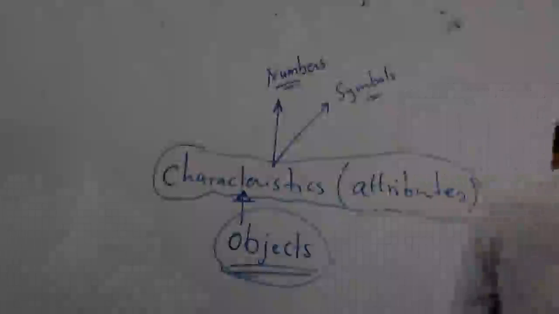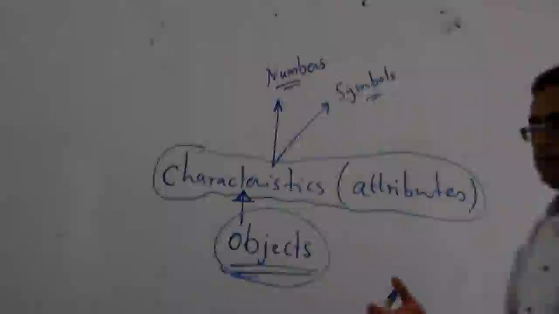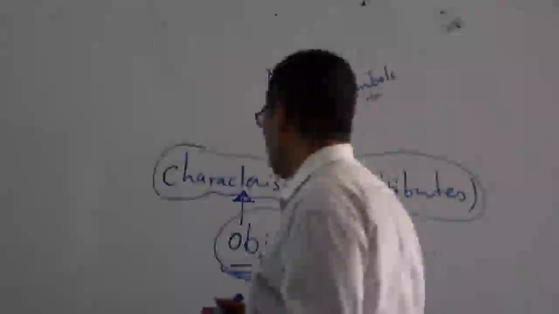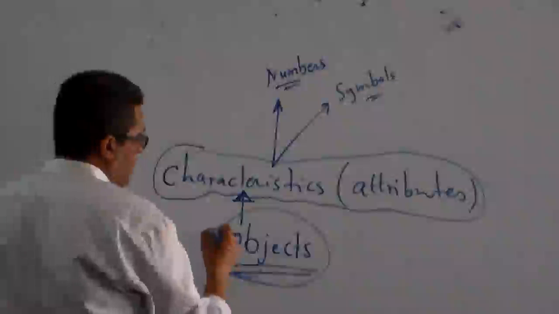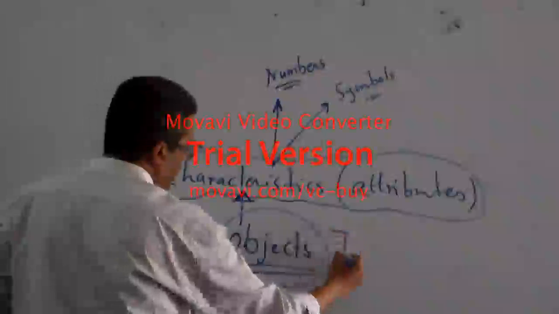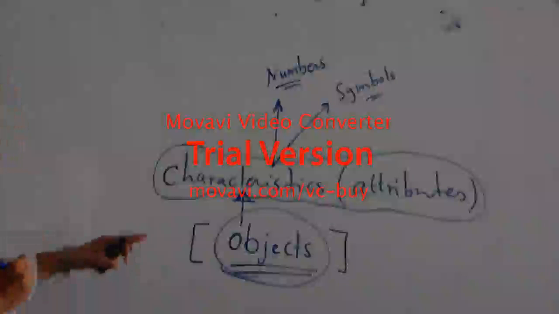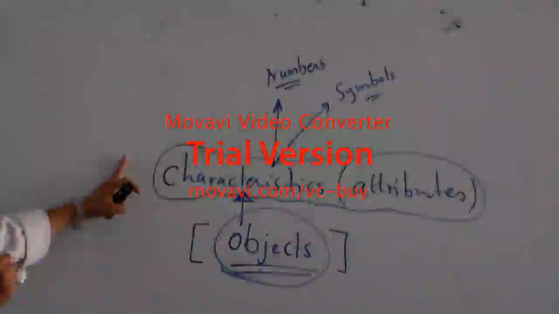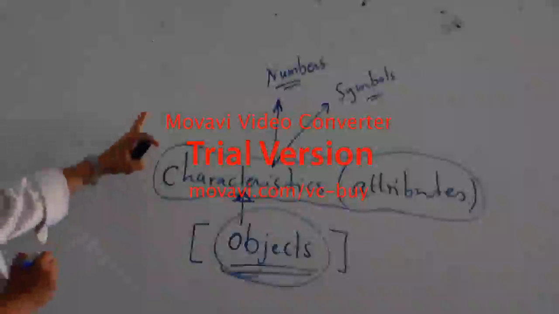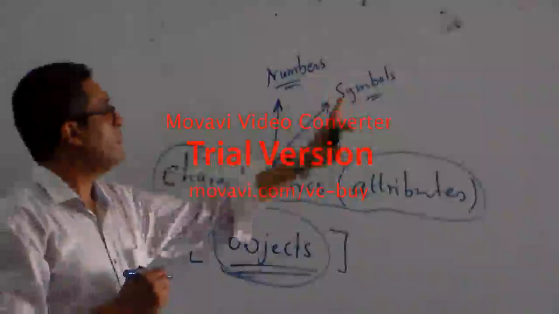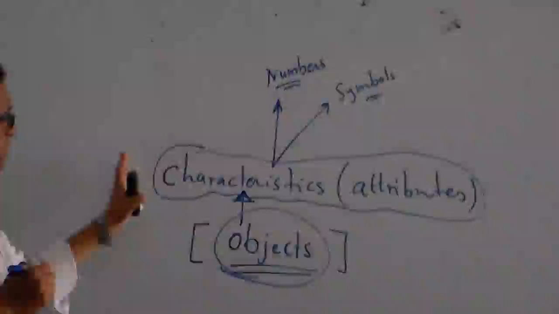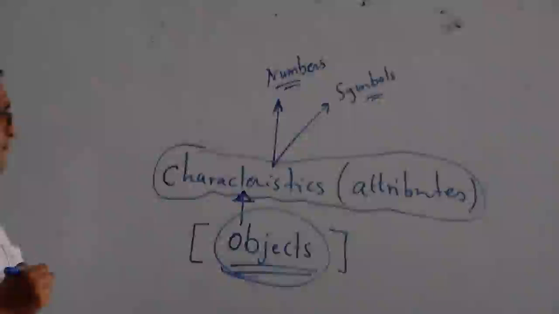Okay? So in any situation when we are doing our research, we need to specify first what are the objects and what are the characteristics of these objects, and then we can assign numbers or symbols to such characteristics.